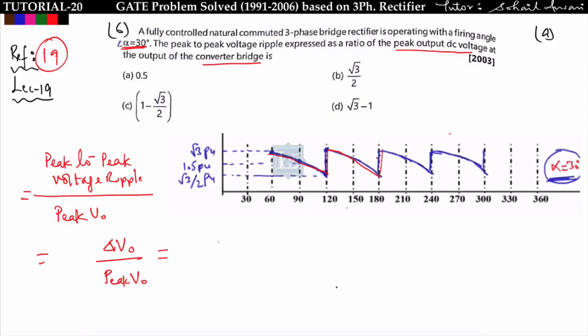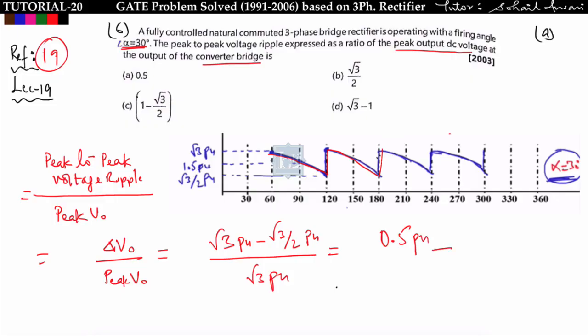The ripple in output voltage will be maximum minus minimum, that is root 3 pu minus root 3 by 2 pu. And what is the peak maximum output voltage? The peak maximum output voltage is nothing but root 3 pu. So I will get 0.5 per unit. So option A is correct. Go through lecture number 9, you will understand.